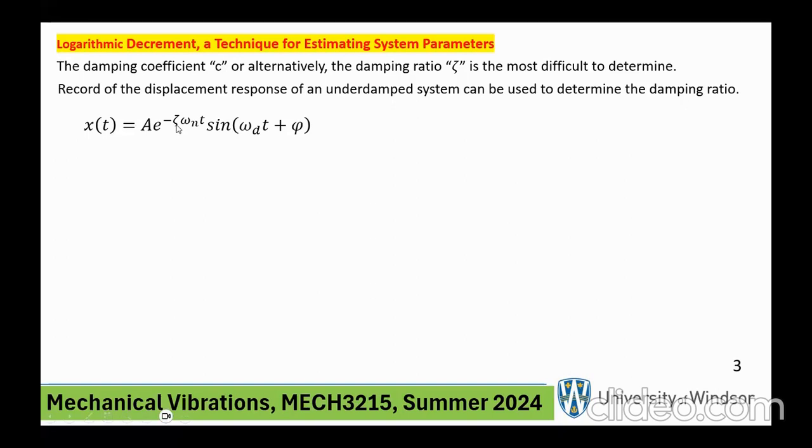Okay, you'll see. First of all, if you have an underdamped system, the solution or the response of the system is given by that expression.